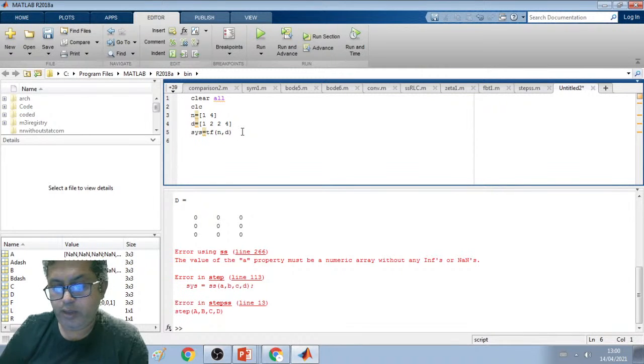Then we will define time vector 0, interval of 0.1 and up to 10. This is time interval. Input was exponential minus 0.5 into t.